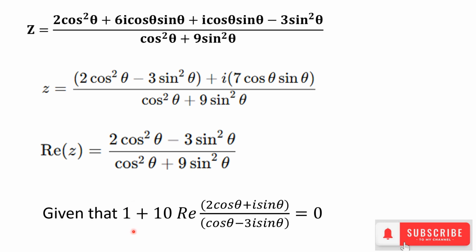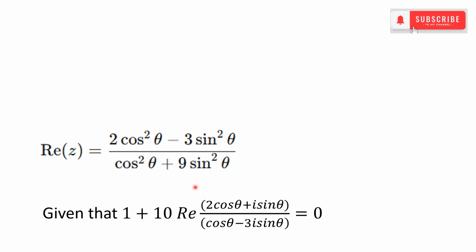Given that 1 plus 10 times the real part of the complex number is 0 in the problem, let us substitute for this real part. The real part is (2 cos²θ − 3 sin²θ)/(cos²θ + 9 sin²θ).